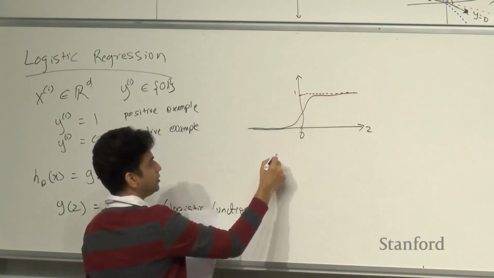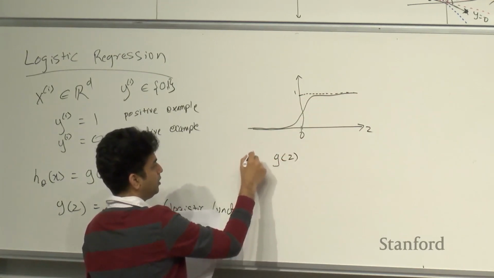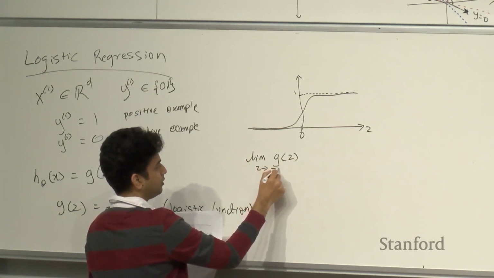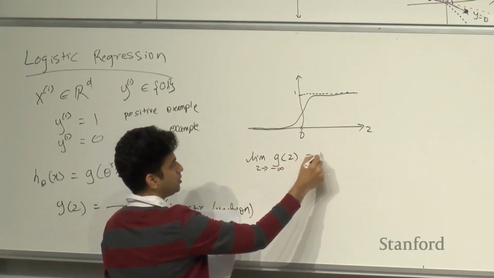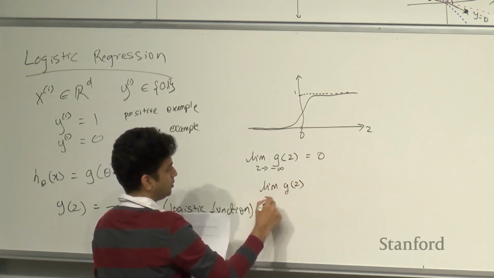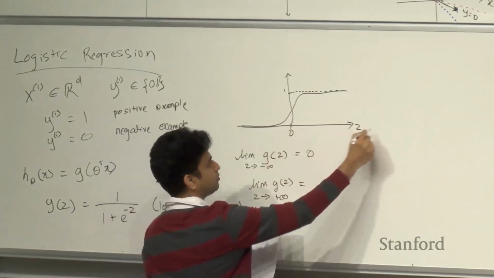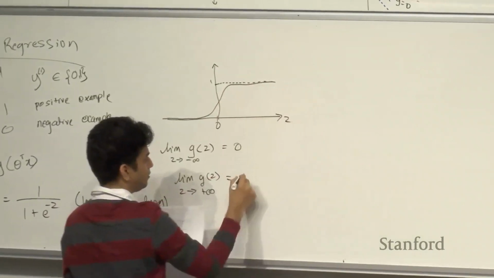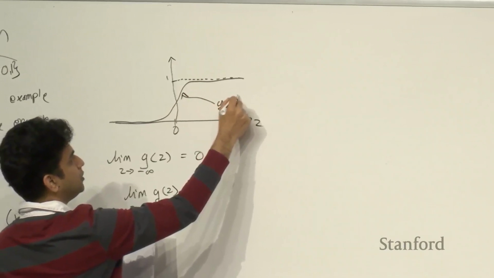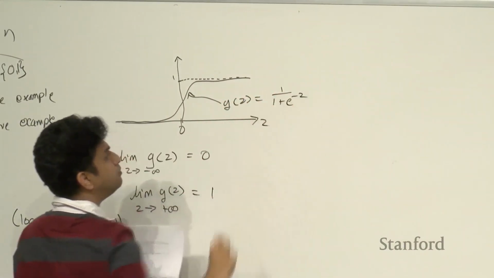Right? So the limit of g of z as z tends to minus infinity equals 0, and similarly, as z tends to plus infinity, g of z tends to 1, right? And this line over here is g of z equals 1 over 1 plus e to the minus z.